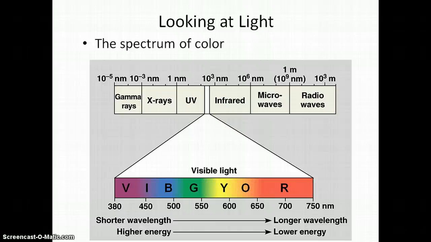And what makes each of these different colors different is the actual wavelength of the light that we are seeing. So visible light is between the wavelengths of 380 and 750 nanometers. And the shorter the wavelength, the higher the energy available from that type of light energy.